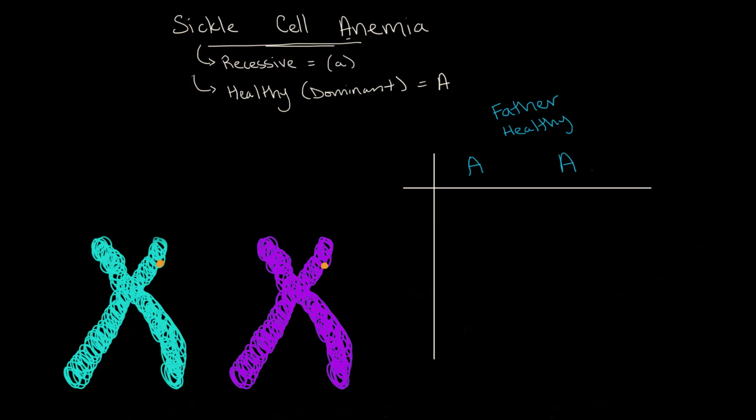Big A and big A. So he has 2 healthy genes. The mother, on the other hand, has sickle cell anemia, or SCA. So she's sick with sickle cell anemia. So she, of course, it's recessive, so she has 2 small a's.